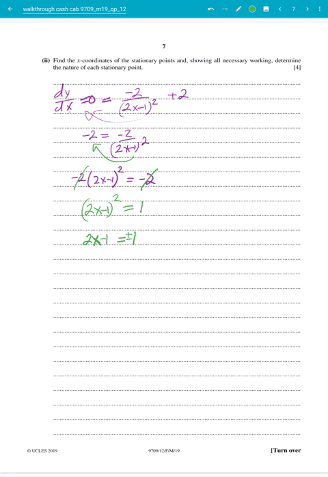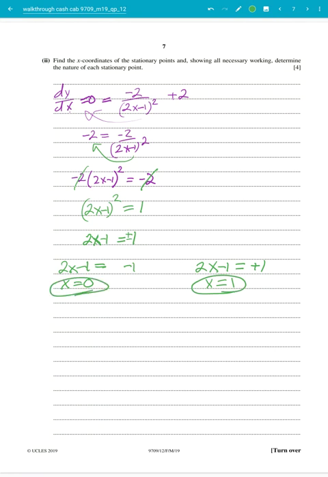That'll be plus or minus 1. So that gives us 2x minus 1 equals negative 1, and 2x minus 1 equals positive 1. So x equals 0, and x equals 1. So those are our 2 points.